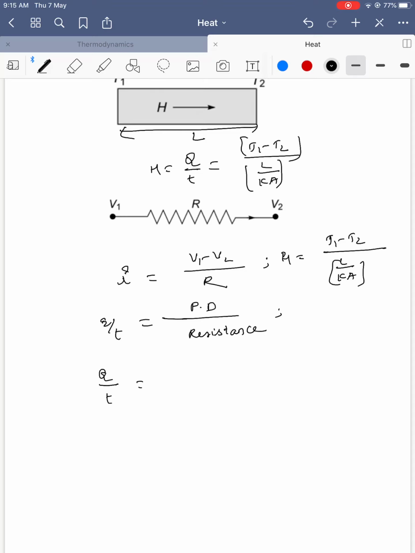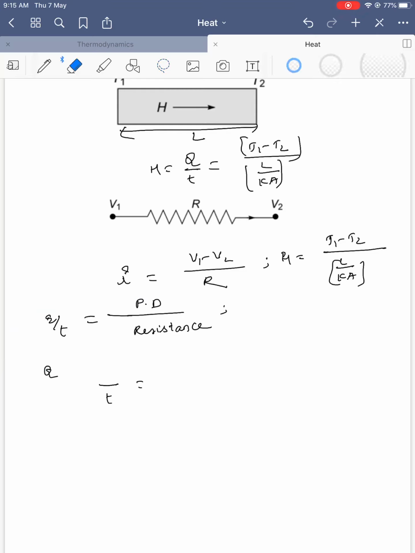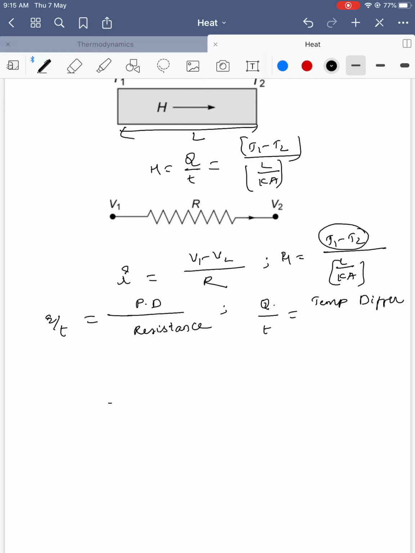And I can write H as Q by T, where Q is the heat transferred. T1 minus T2 is the temperature difference, by L by KA.